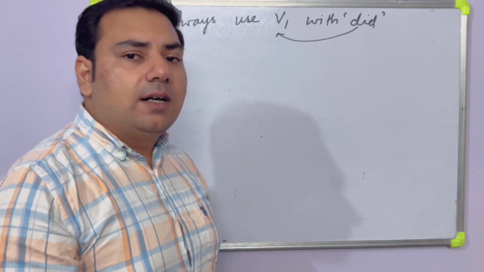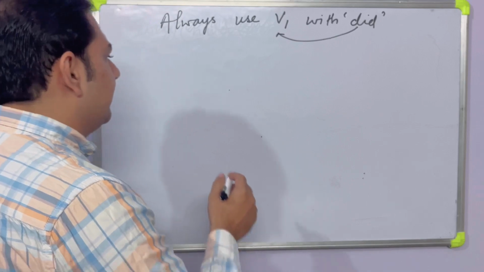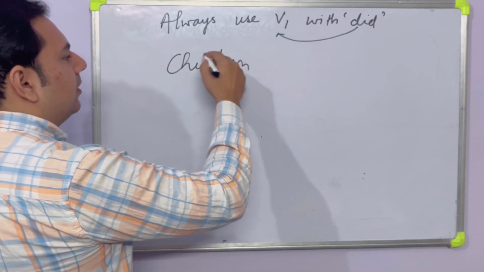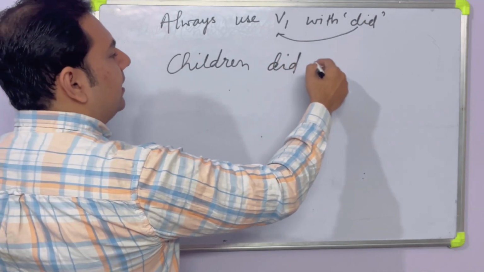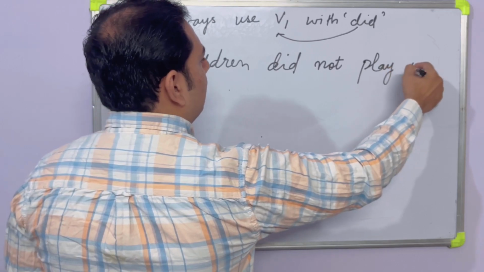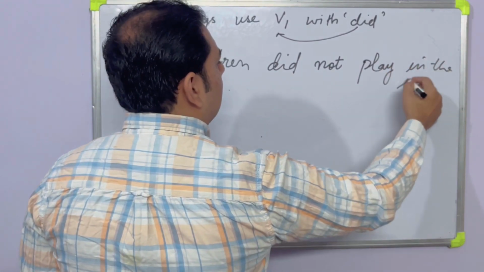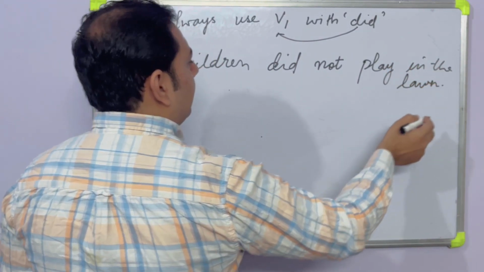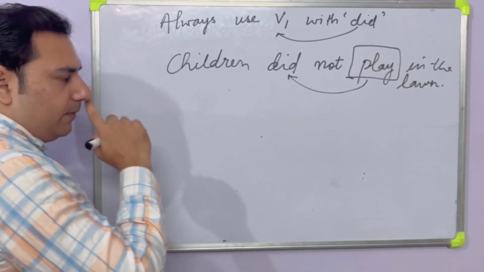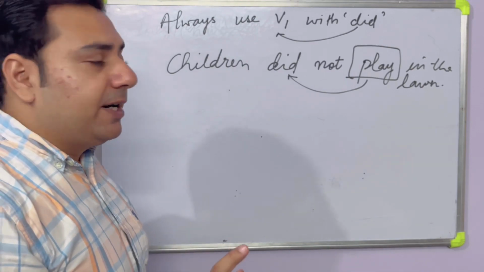So let's create a few examples of the negative. Children did not play in the lawn. So I have used the first form with did. So keep that in mind.